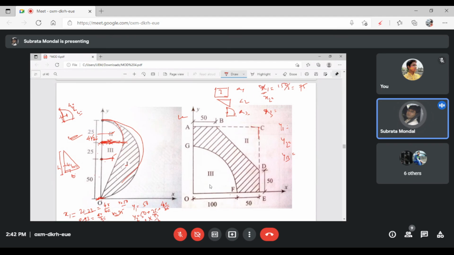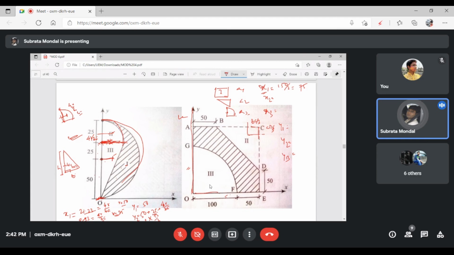Suppose the centroid of this triangle is at this position. That position is simply BC by 3, and this position is CD by 3, right? But our reference is from the left end and bottom end.